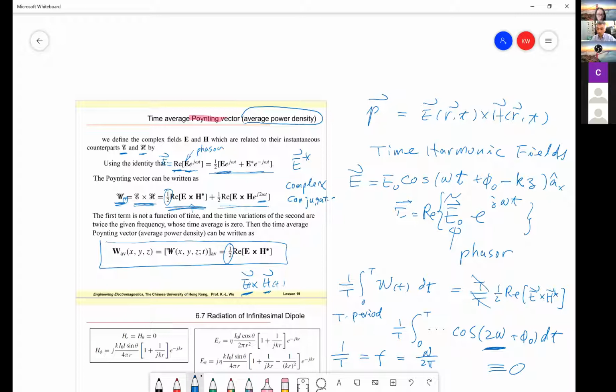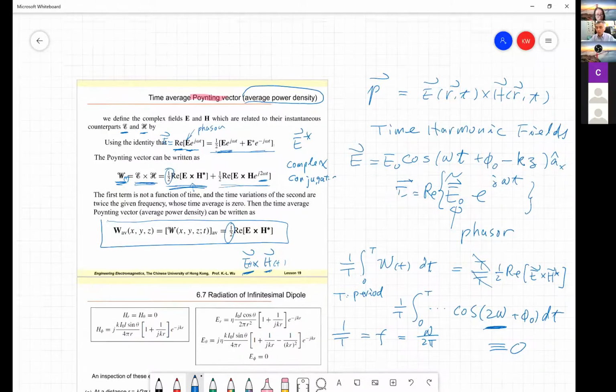Now we have to get used to this when we use time harmonic fields. Just now we reviewed how we look at a very small antenna. We analyze it using the phasor concept, because we don't need to deal with time variables.